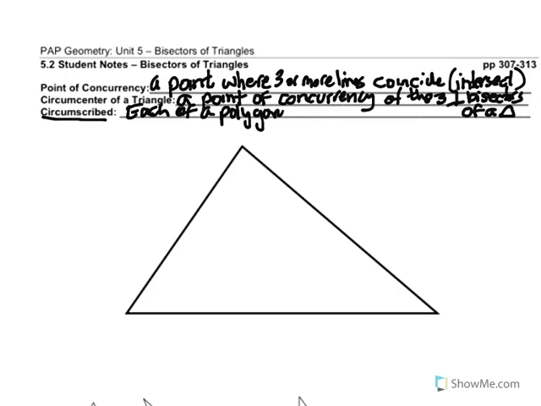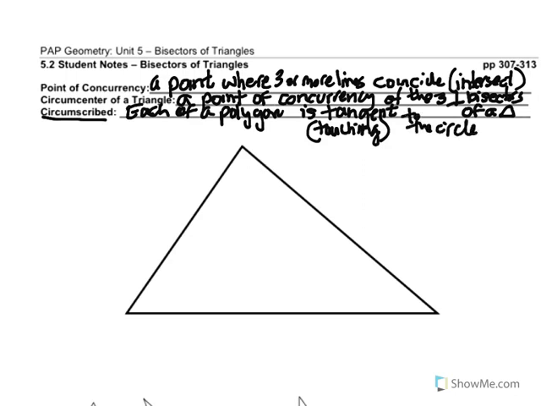You could circumscribe any kind of figure, but each side of a polygon is tangent. And when we say the word tangent, we mean touching at just one point. Touching is tangent to the circle, okay?